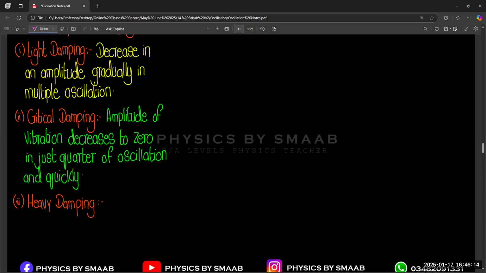It tries to decrease the amplitude to zero as quickly as you can, but in a gradual manner.